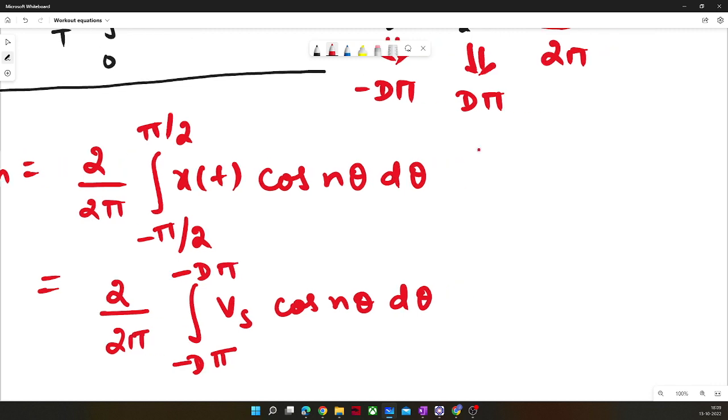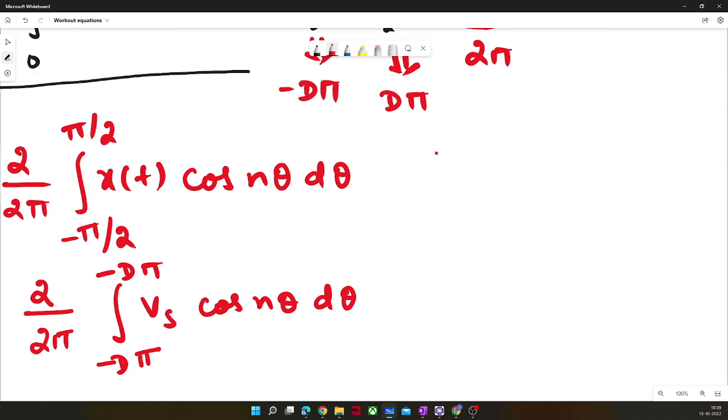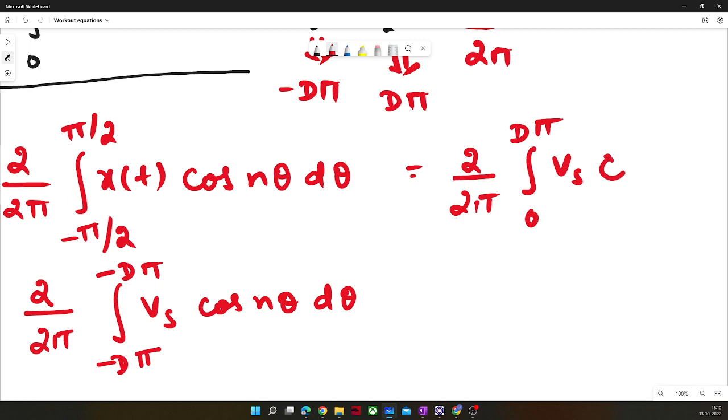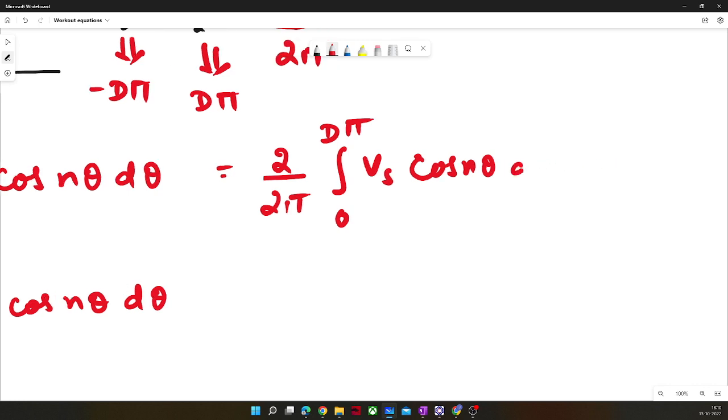If you would not have wanted to transform with minus pi by 2 to pi by 2, you would have also done it in that manner, 2 by 2 pi, 0 to 2 pi, but for the entire period there will not be signal. So 0 to d pi, Vs cos n theta d theta.